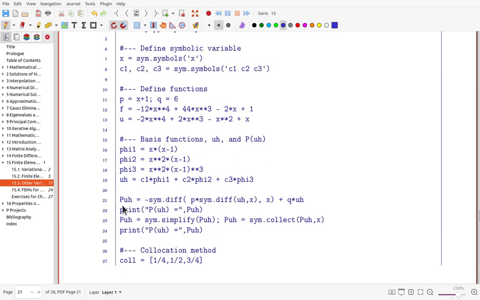Now, we have to get P of u_h, which through symbolic differentiation we can get.